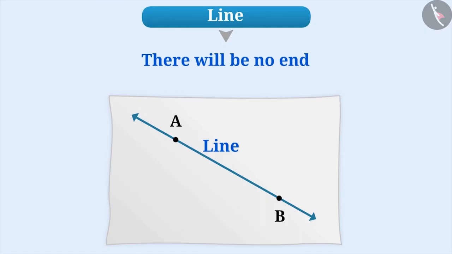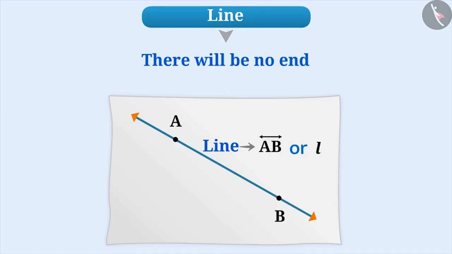In order to show this on a paper, we put two arrows on both ends of the line. To give a name to the line, we mark 2 points on it, such as we have marked 2 points A and B here. And with the help of these points, we call it as line AB. We can also represent them with the lower case of the English alphabet, such as line L.